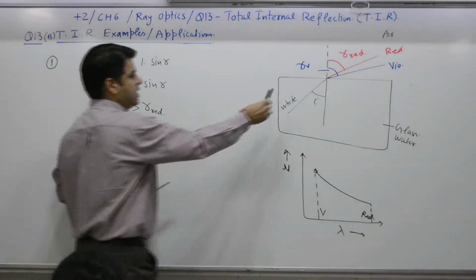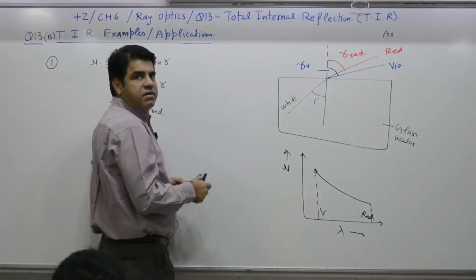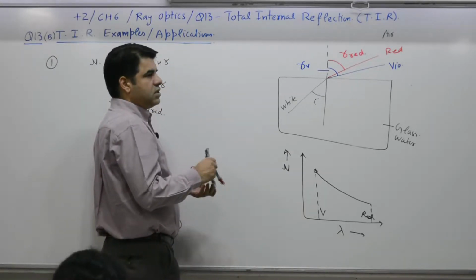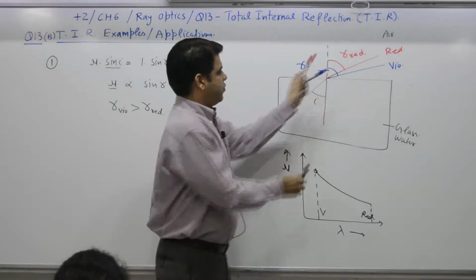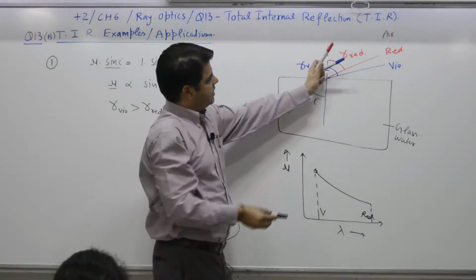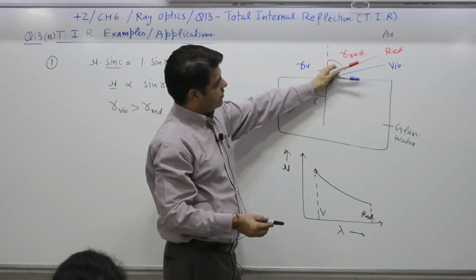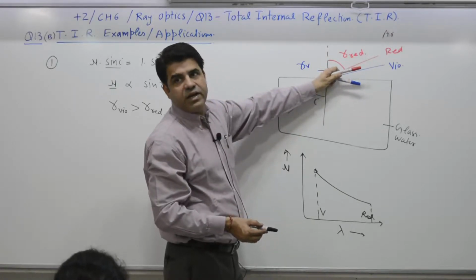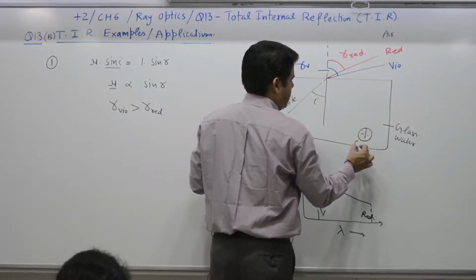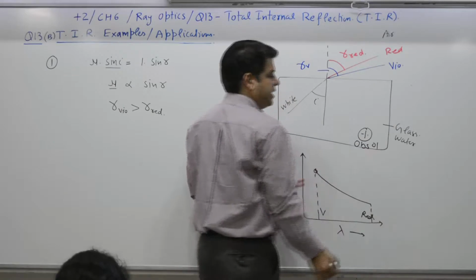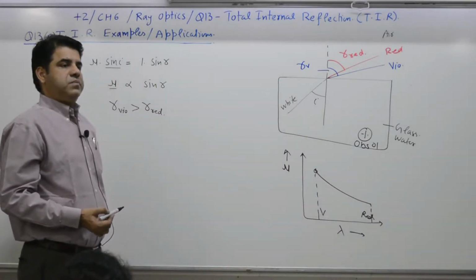If you keep on increasing this angle, which color will undergo critical TIR first? If you turn this ray up, white light will move like this. The first color to suffer TIR is violet. So if there is an observer, observer 1 inside the medium, inside water, will observe what?